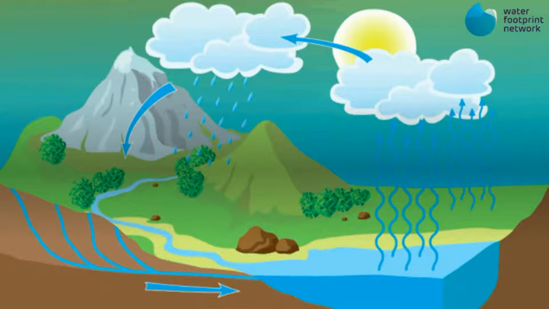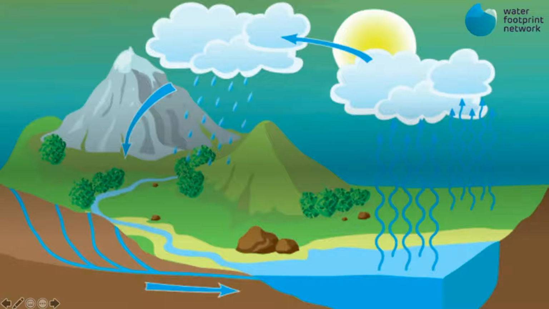So it's important to understand in the water cycle where the water is in order to understand where our footprint is. You can have water in the rivers, water in the lakes, but we also have water at the surface in the soil.